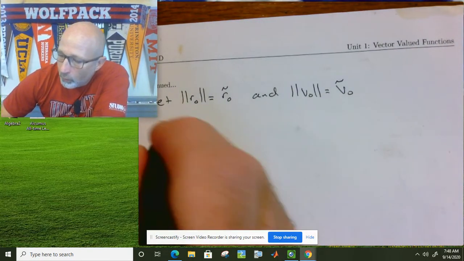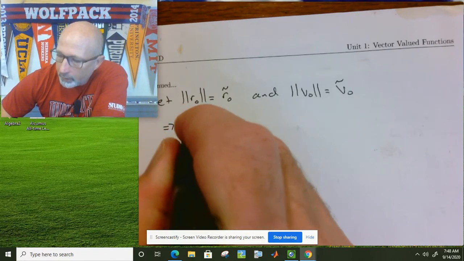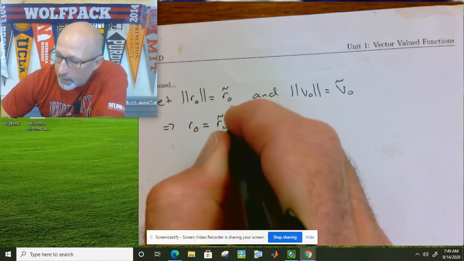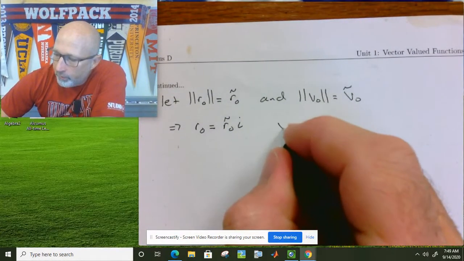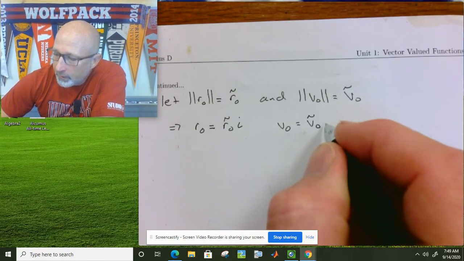Okay, and so then what I know is that r naught is going to be equal to r tilde naught times I. We'll go over that in a second. And I know v naught is going to be equal to v naught tilde times j.